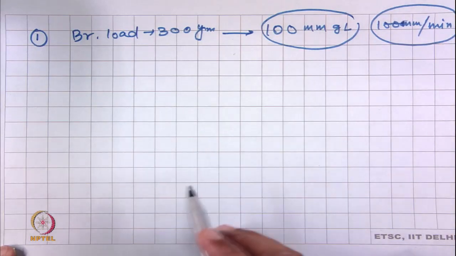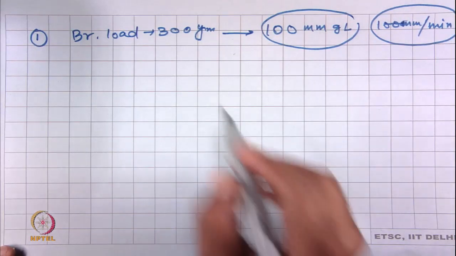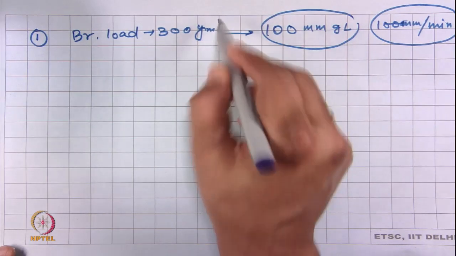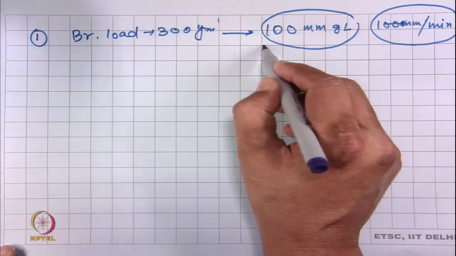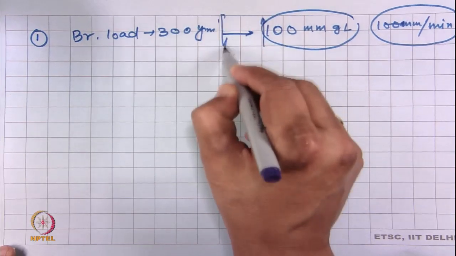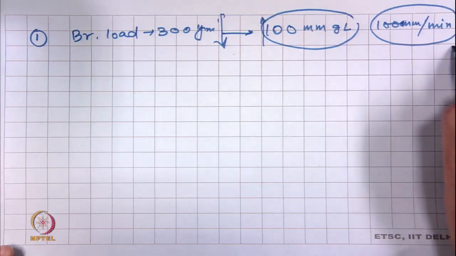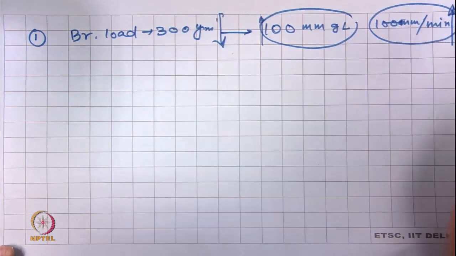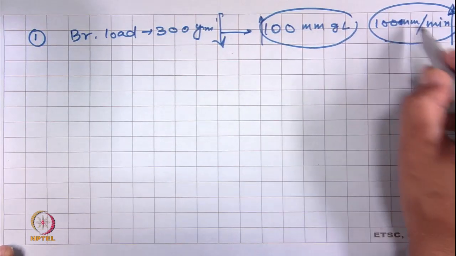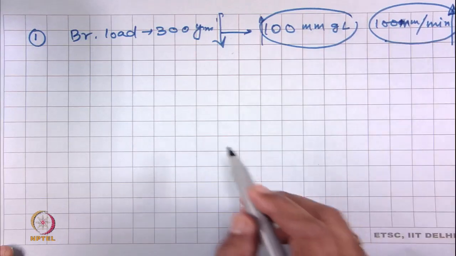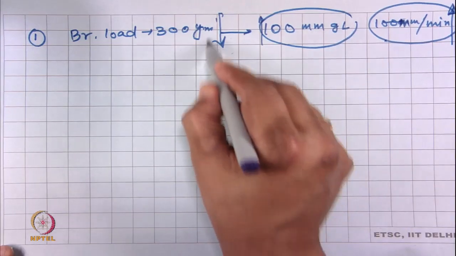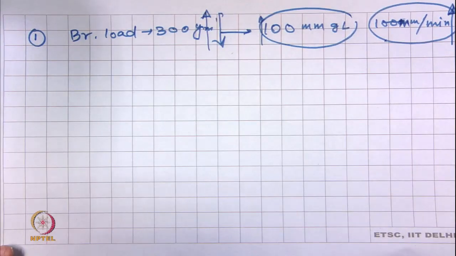If we increase the gauge length, the breaking load reduces. And if the traverse rate increases, then the breaking load increases. So, that we have seen here.